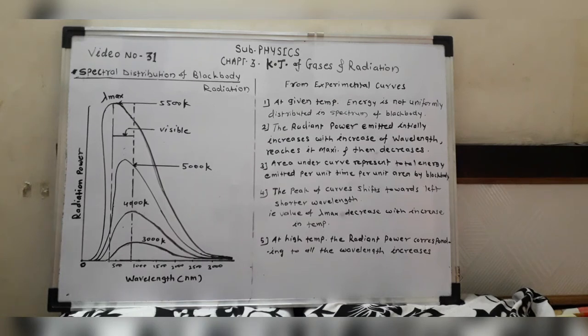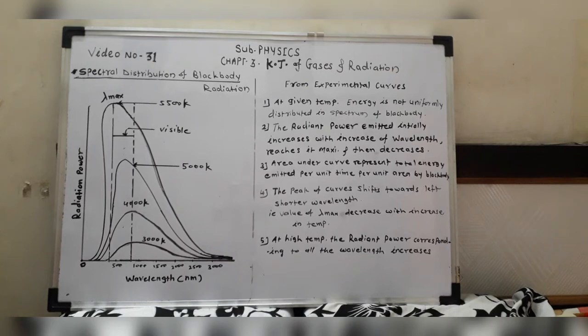This diagram shows the variation of the radiant power per unit area as a function of the wavelength, at different constant temperatures, as shown in the figure.